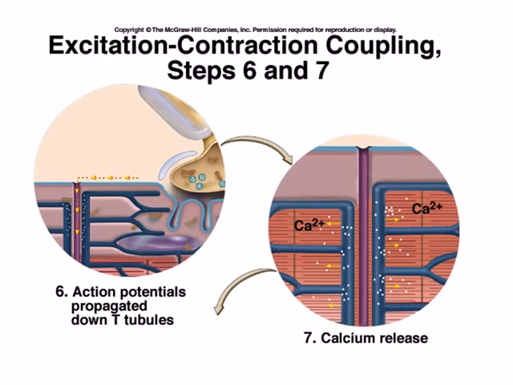As you recall, the T-tubules are invaginations of the sarcolemma that penetrate into the interior of the cell and always lie between paired terminal cisternae of the sarcoplasmic reticulum. The change in electrical potential of the T-tubules causes the release of ionic calcium from the terminal cisternae.